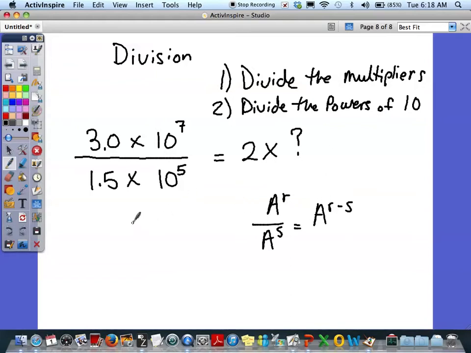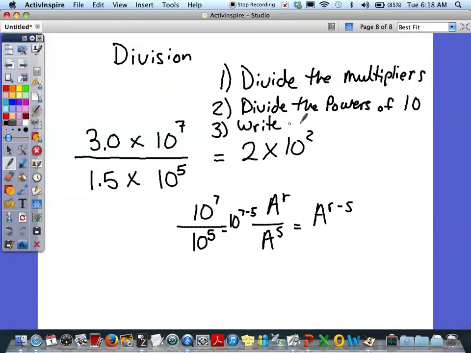So 10 to the 7th over 10 to the 5th equals 10 to the 7 minus 5, or 10 to the 2nd power. That's as easy as it is. You divide the multipliers, divide the powers of 10, and then finally write the answer in scientific notation.